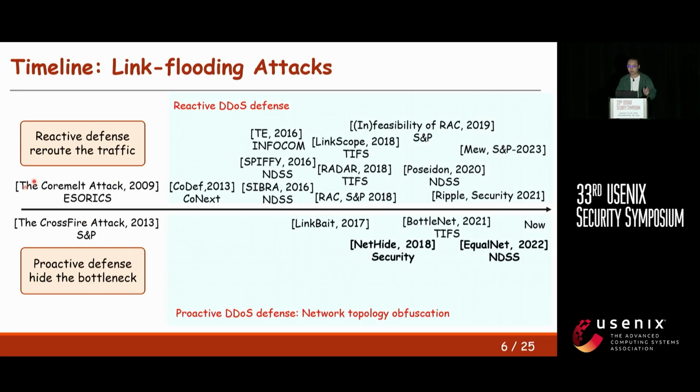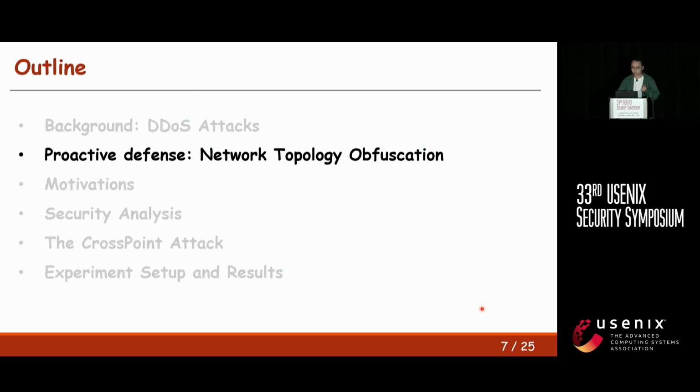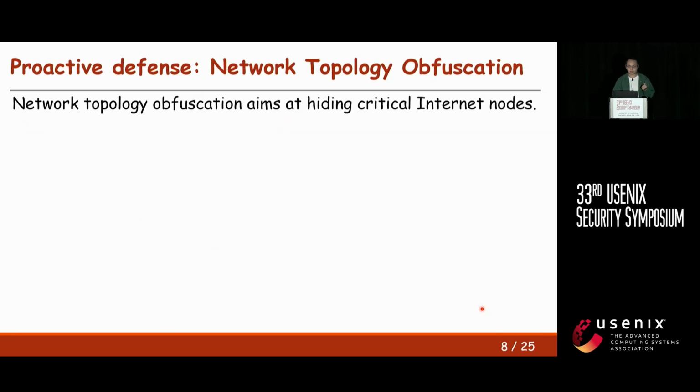After these attacks were first identified, reactive defenses were developed to mitigate them by rerouting traffic. On the other hand, proactive defense aimed to hide bottlenecks, the critical links and nodes, which is a strategy known as network topology obfuscation. In this paper, we focus on the security aspects of those proactive defenses. So let's dive into some details about the proactive defenses.